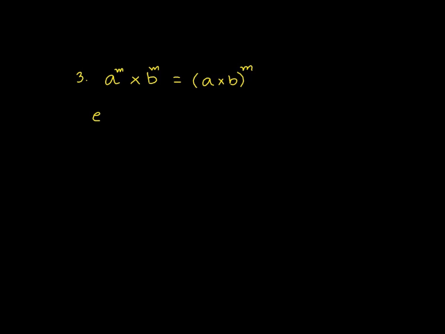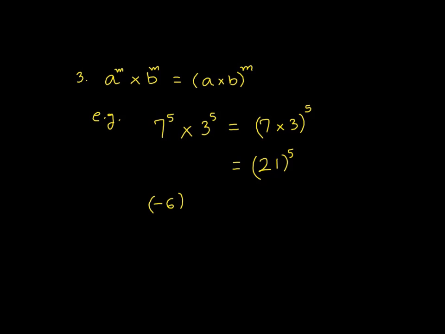Let us look at a few examples in this case. Suppose we want to multiply 7 raised to power 5 with 3 raised to power 5. Now this will be the same as if we multiply the bases and take the power common as 5. So this will become 21 raised to the power 5. Another example, minus 6 raised to the power 4 multiplied by minus 2 raised to the power 4.